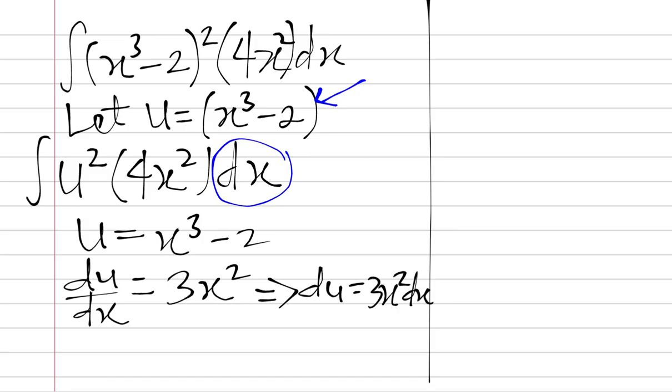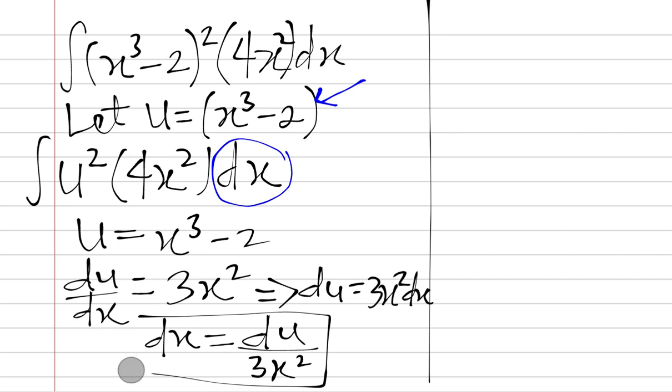Then make dx the subject of the formula. That will be dx equal to du over 3x squared. So this is our dx now.